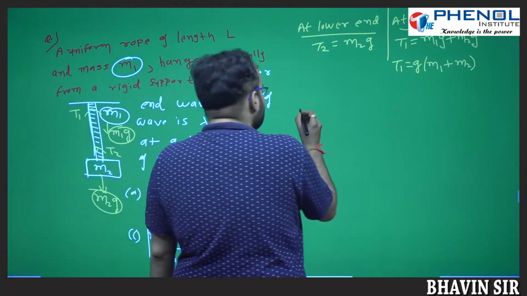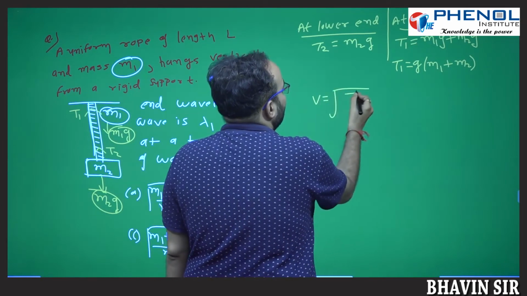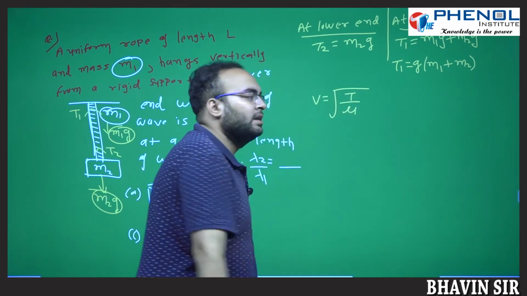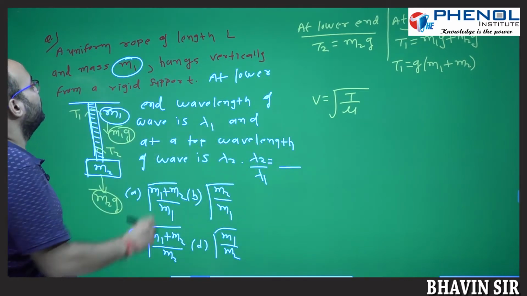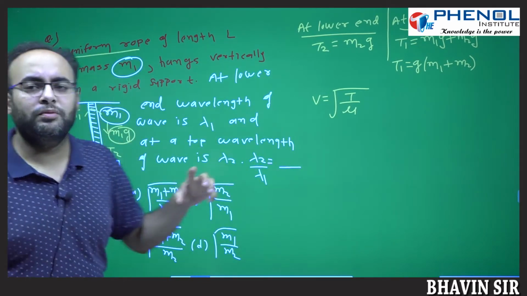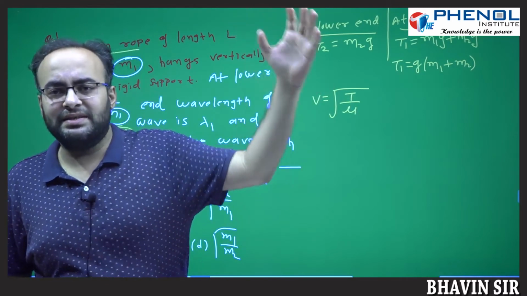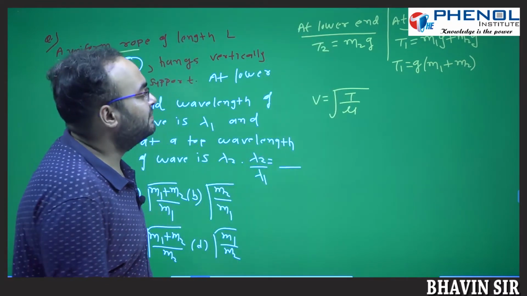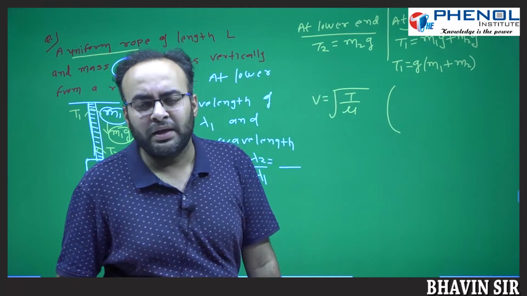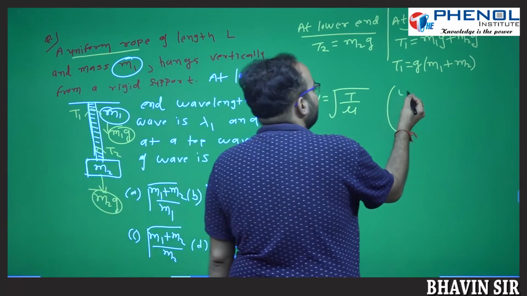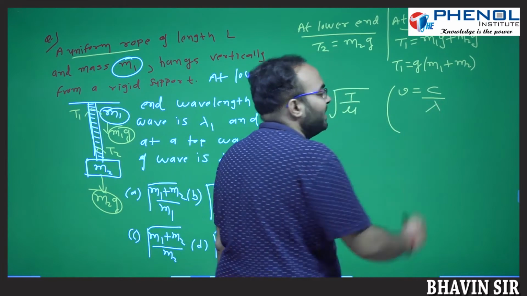Now see, what is the speed? Under root T by mu. Mu is the same. Why? Because it is a uniform rope, so linear mass density is the same. Now speed. As we know, frequency is equal to C by lambda.